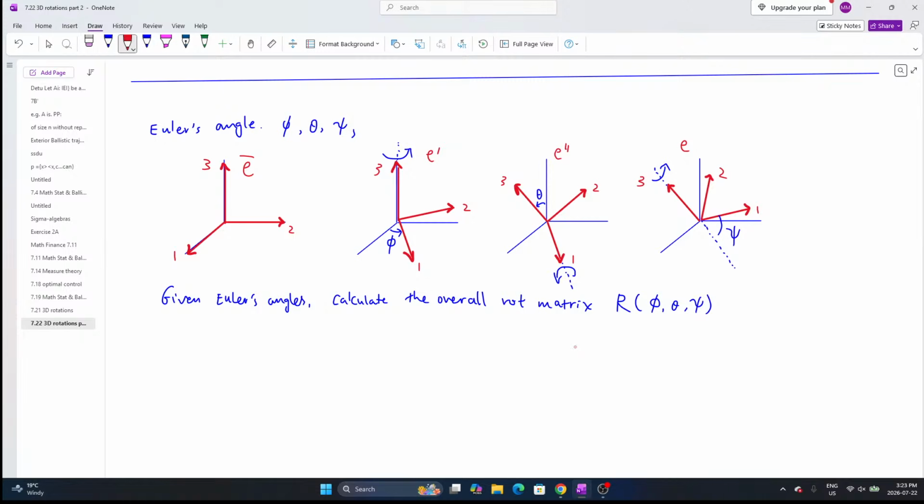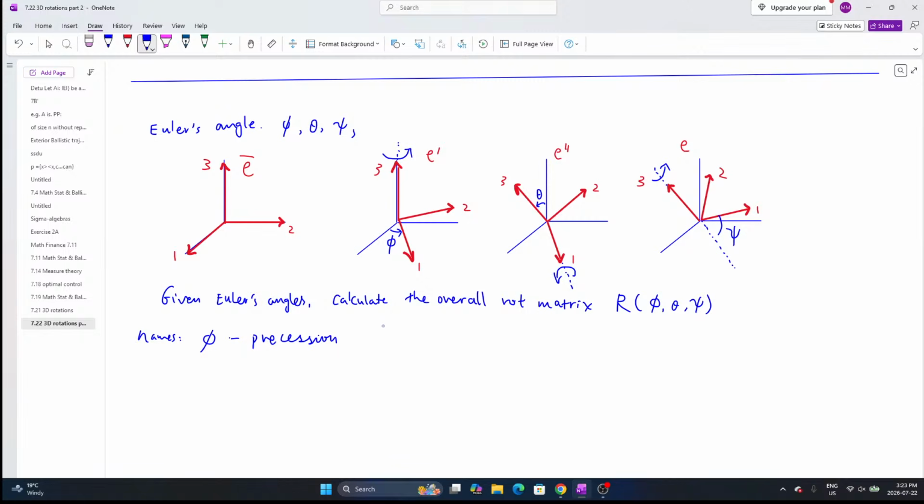Okay, there's a name for these angles. Phi is called precession. I don't know why, but that's the terminology at least.